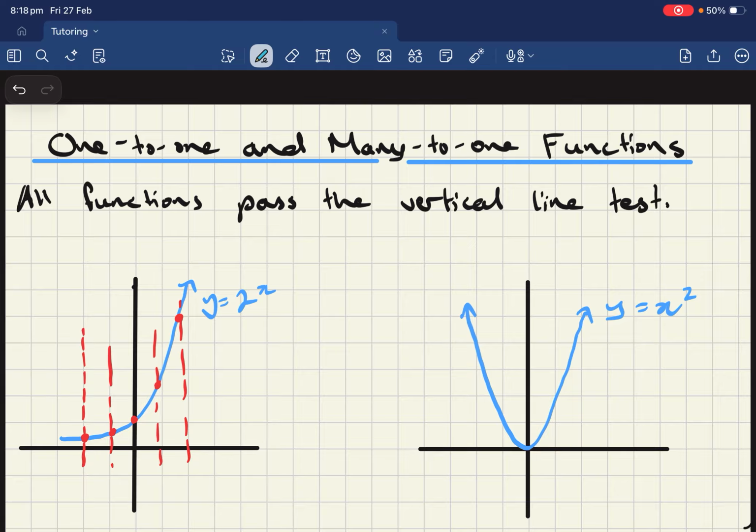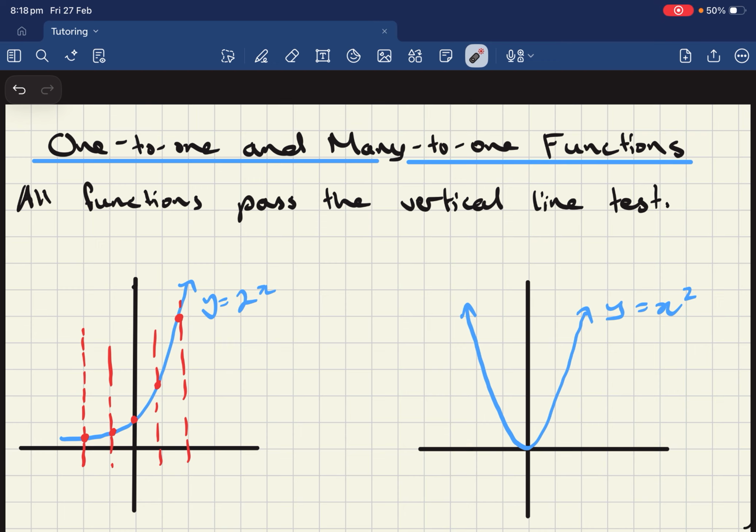Now, with this particular case, there's a one-to-one correspondence between the domain and the range. So across the entire domain, across all of the different x values, we get a unique y value. With this particular graph on the left, the exponential, it also passes what we call the horizontal line test.